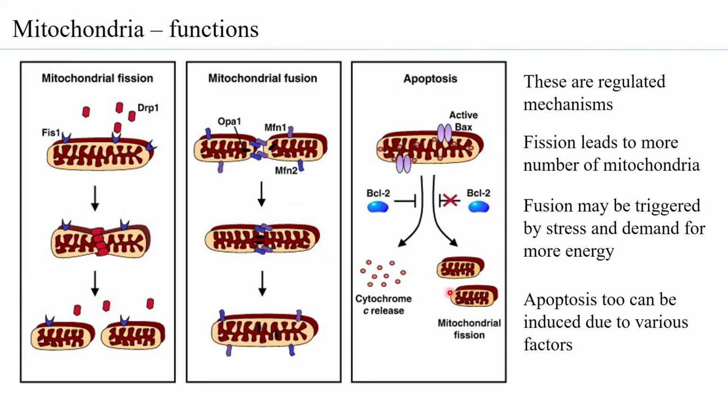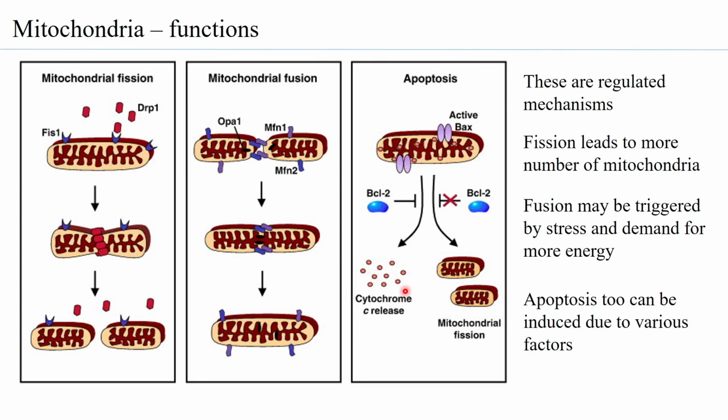Another important functionality is apoptosis, or what is called programmed cell death. Depending on a signal, a mitochondria can give rise to reactive oxygen species, and also certain apoptotic factors which, when regulated, decide whether cytochrome C has to be released from the mitochondria or not.